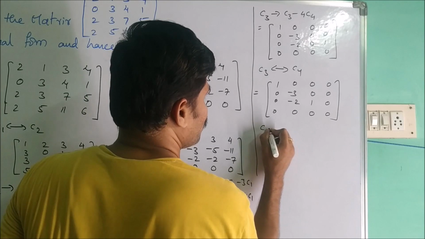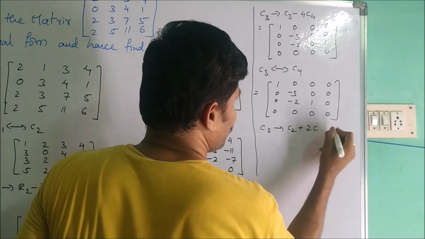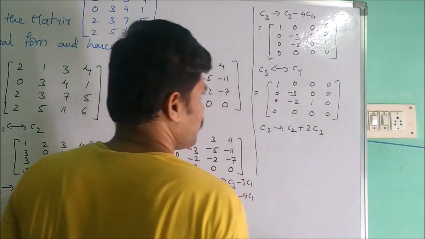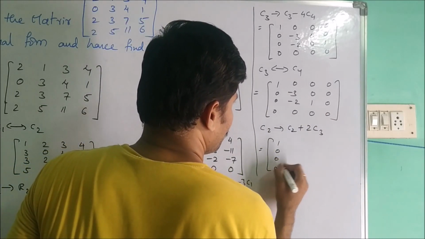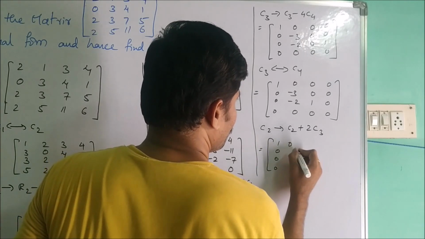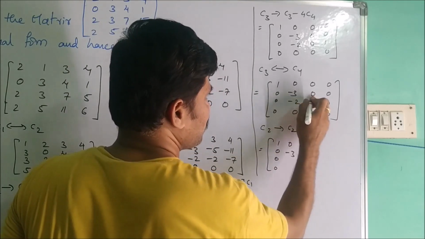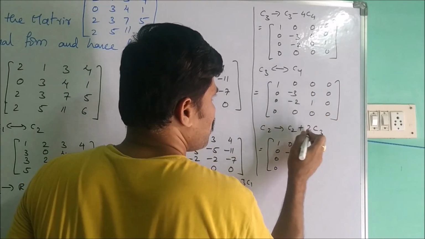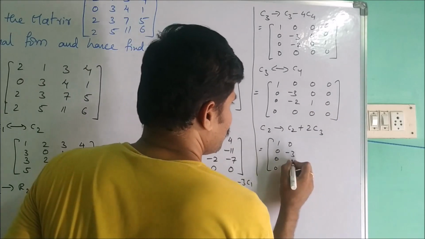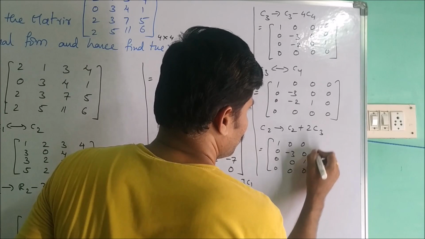So C2 changes to C2 plus 2C3, which gives 1 0 0 0, 0 minus 3. This is minus 3, since minus 3 plus 2 into 0 is 0. So only minus 3. And minus 2 plus 2 into 1 is 0.